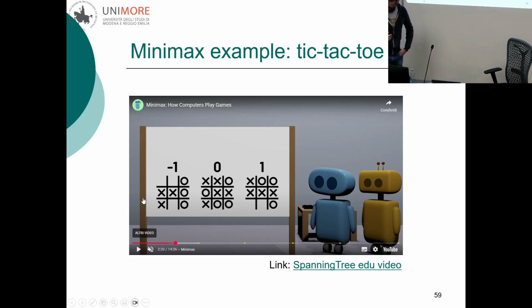A reinforcement learning agent would have no idea of this until when? Until it starts experiencing terminal states. Look, I am the blue agent, I finished in this state and I lost. Okay, that's bad. I finished another time, another game, I finished in this state, I got a positive reward.